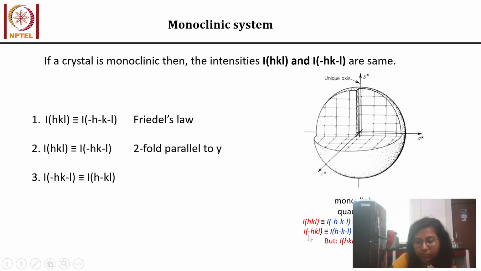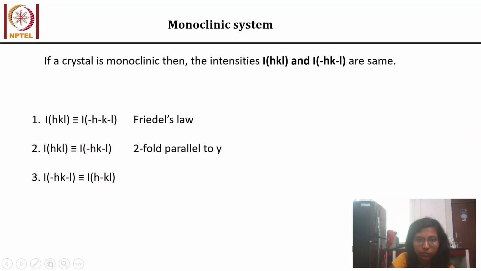Now if I apply Friedel's law to this, I will get H minus K minus L. Now if I apply the twofold here, I will get the remaining. But the important thing is that the intensity of IHKL is not equal to the intensity of minus HKL. I hope it is clear to you.